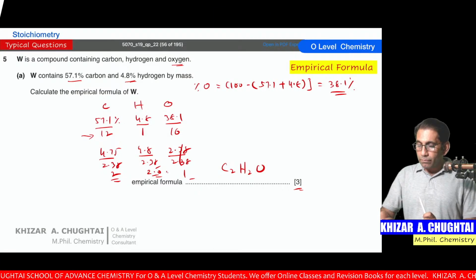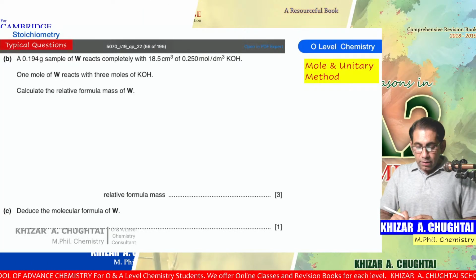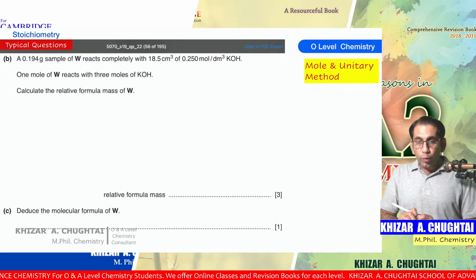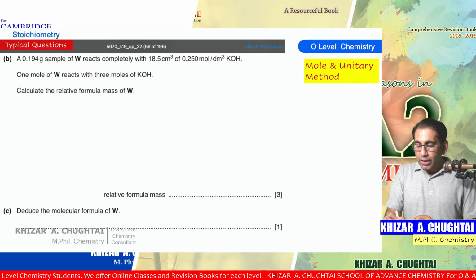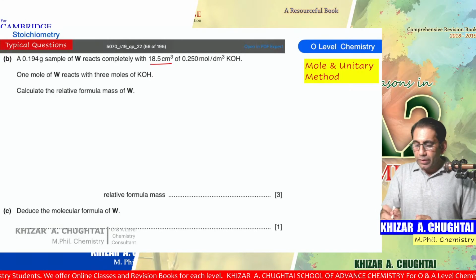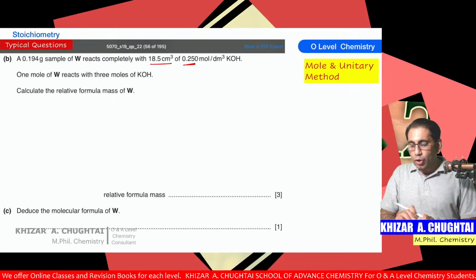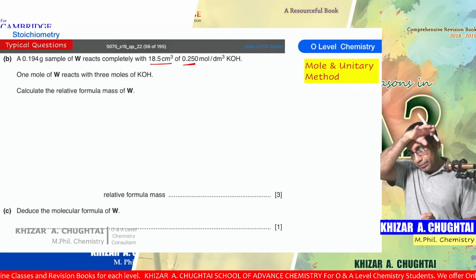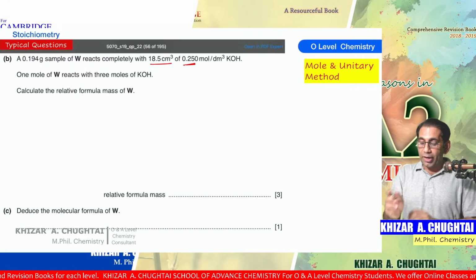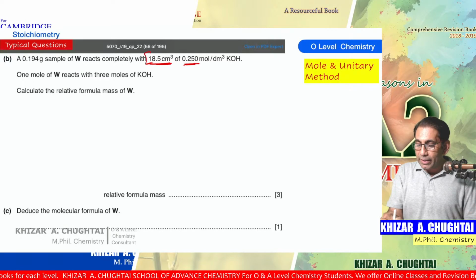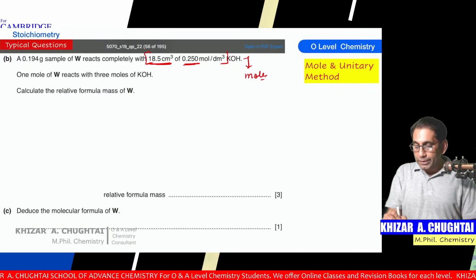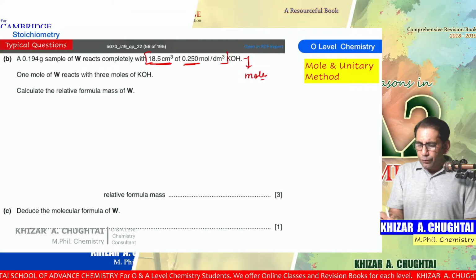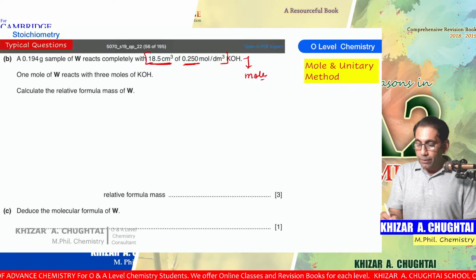Okay. Now the next one is a 0.194 gram sample of W reacts completely with 18.5 centimeter cube of 0.250 mole per dm cube KOH. Once again, as I told you, whenever you see the volume and the mole per dm cube, it means that you can find the number of moles. I'm going to find the number of moles of KOH first of all. First of all, moles, then unitary method.